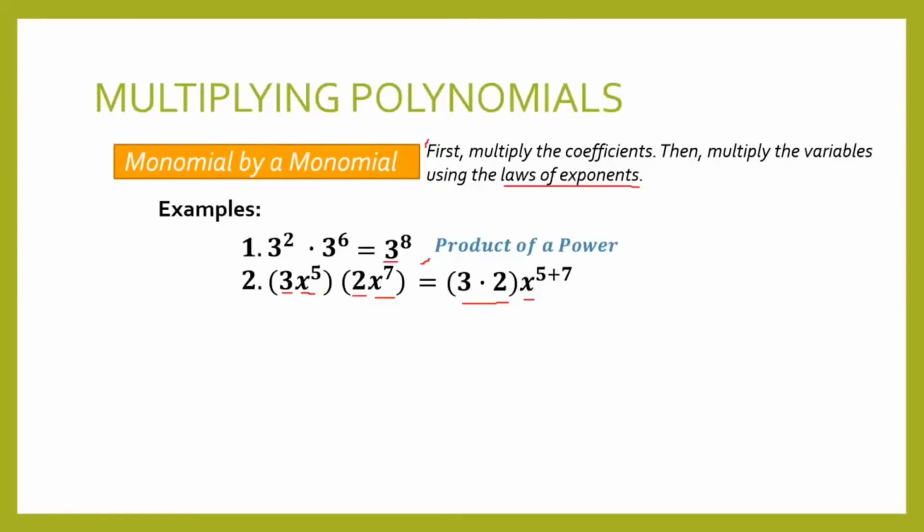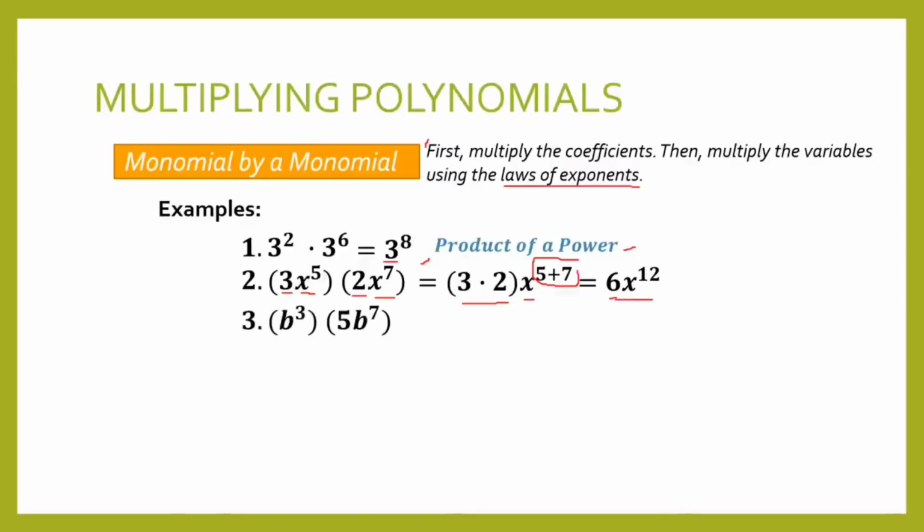Again, we are using product of a power to solve this part. And simplifying further, 3 times 2 is equal to 6, times x raised to 12. So the final answer for example 2 is 6x raised to 12.